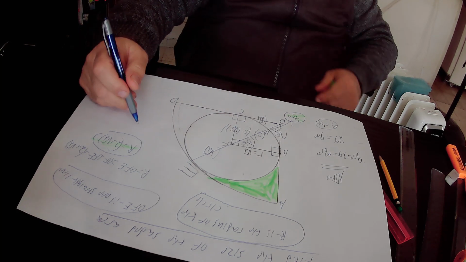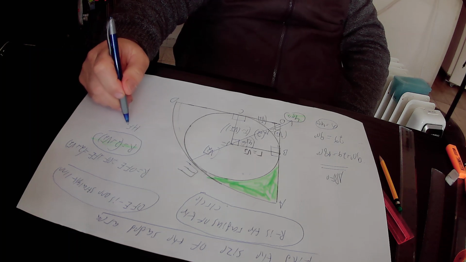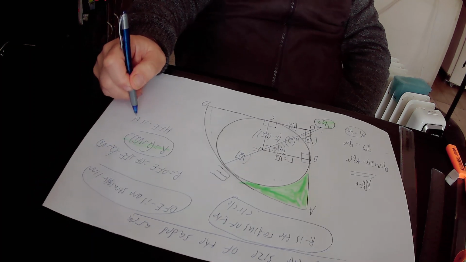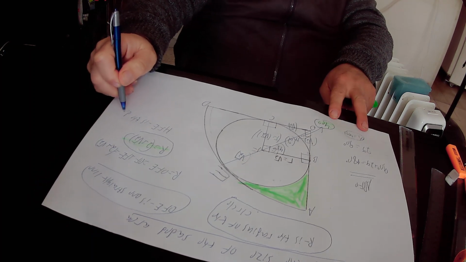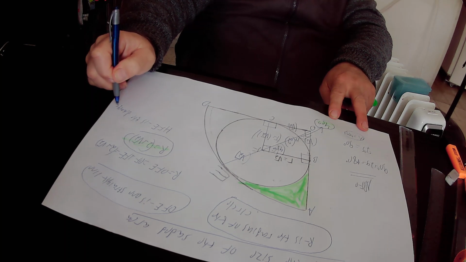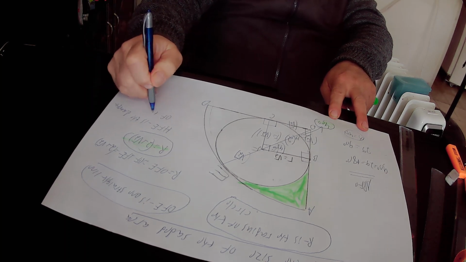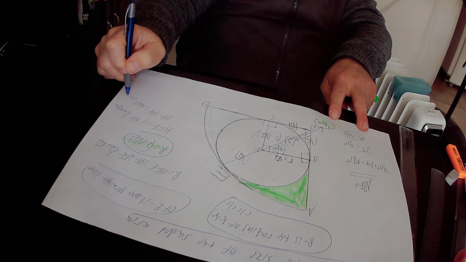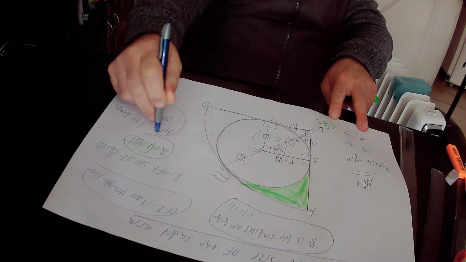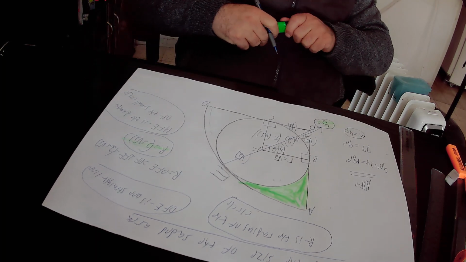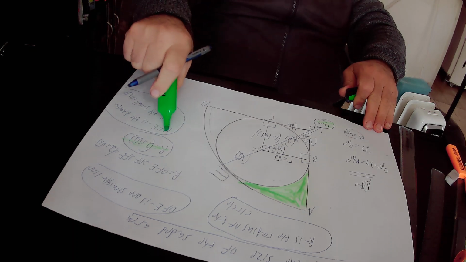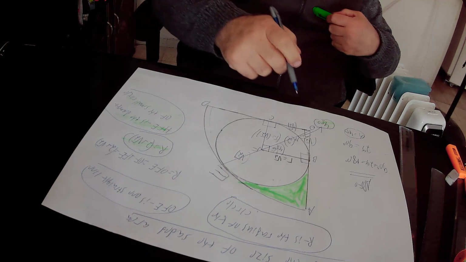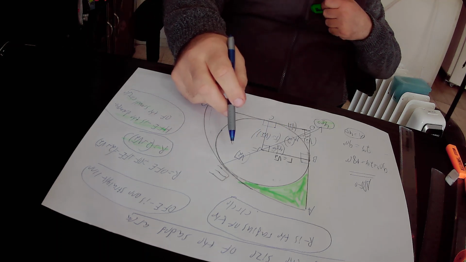So therefore HFE is the diameter of the small circle, of course. And we know that the diameter of any circle bisects the circle into two halves. The diameter HFE bisects the circle into two halves.